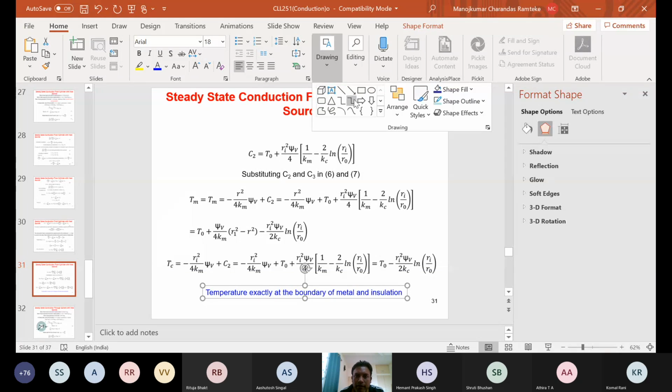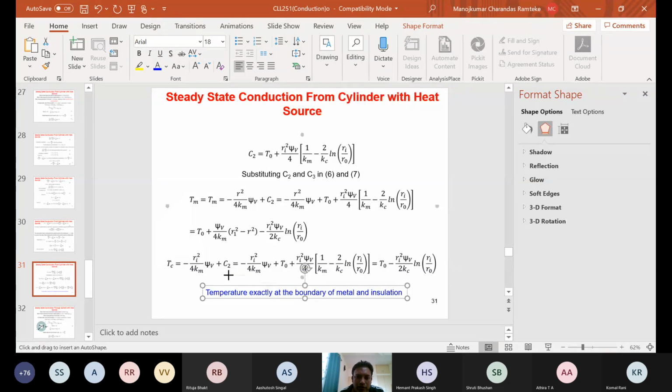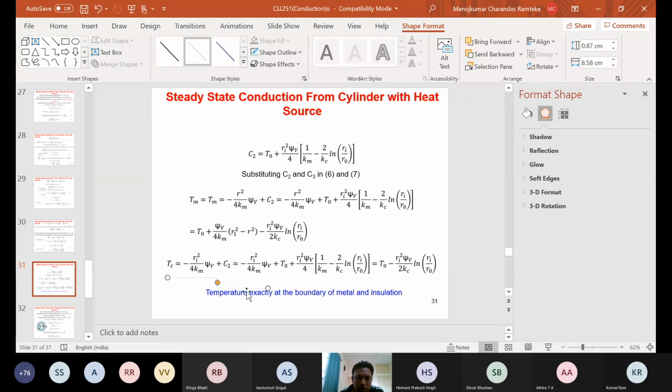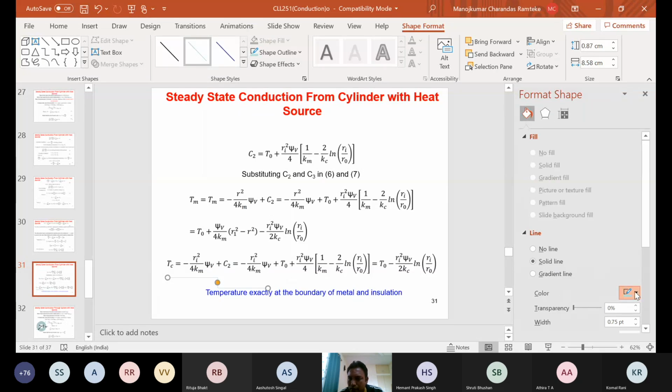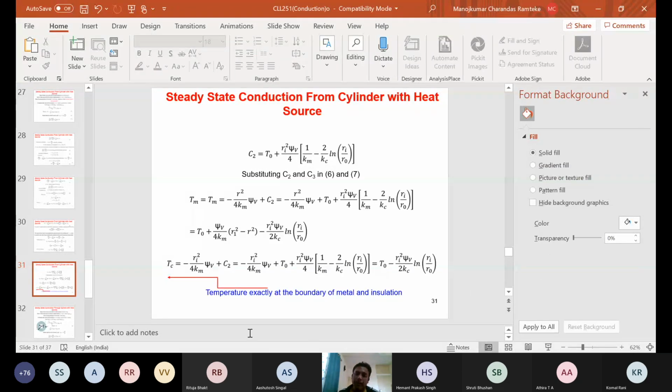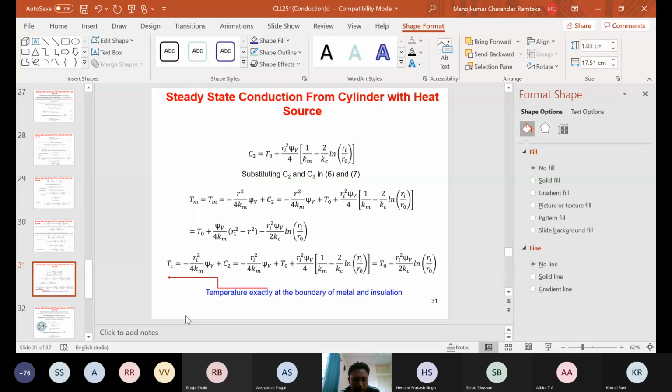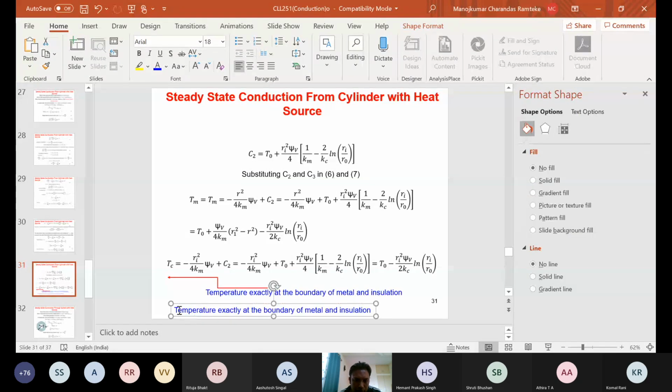Just give me a minute. Okay, done. This is exactly at the boundary. But if you wanted to know the exact temperature distribution, one needs to solve equation number 7. So let me write that also.